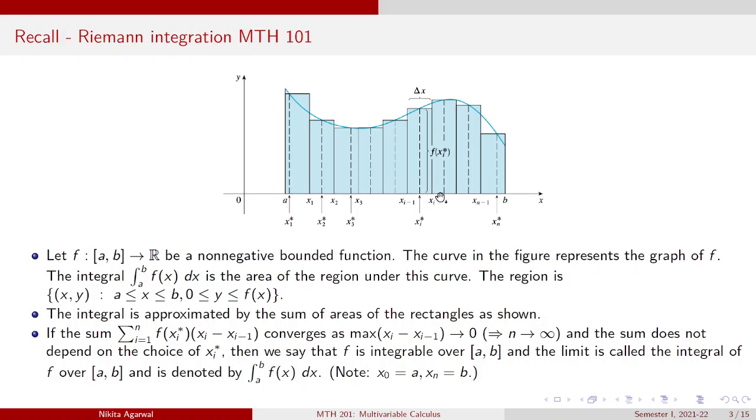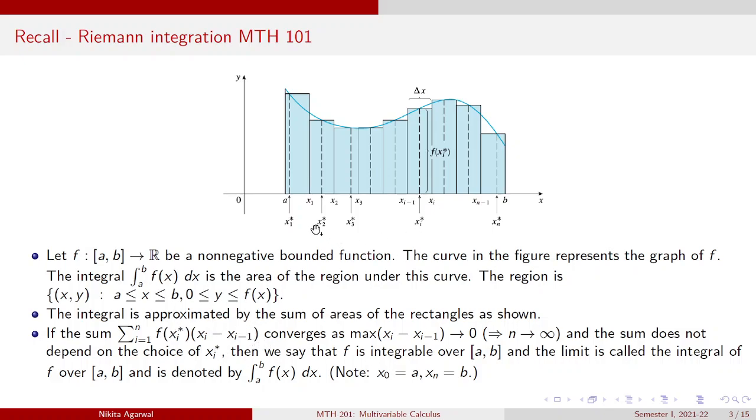Therefore, what is its length? It's xi minus xi-1. So that's the base of this rectangle. What is its height? Its height is f(xi star), where xi star is a point in this interval. So if you look at this rectangle here, that's basically giving you this much area, right?